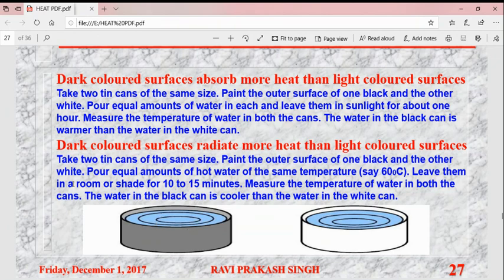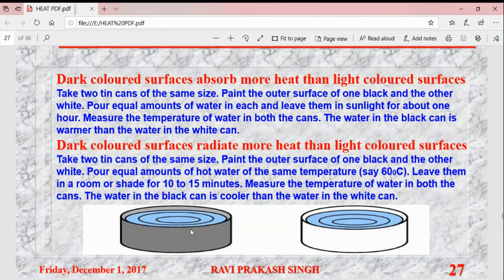So this is one more activity where we are taking the same cans with an equal amount of water. These two cans, you keep in a room in a cold place, or you can say in the shade. And here what you observe is that after 10 to 15 minutes, the water in the black can is cooler.